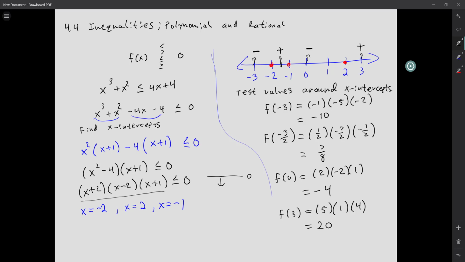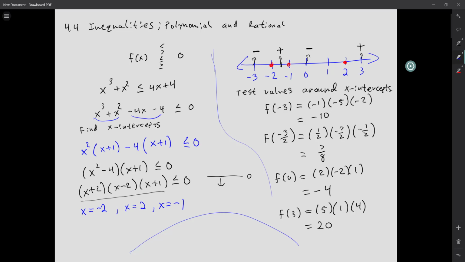So what I see, without actually drawing a graph or anything, I can tell that the graph of my polynomial is going to alternate from negative to positive to negative to positive. As far as a solution to the inequality, well, I was looking for less than or equal to 0, or whatever is below 0.